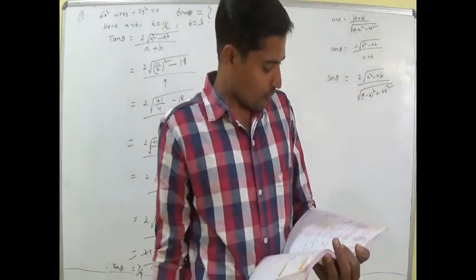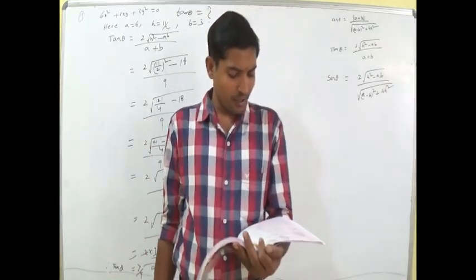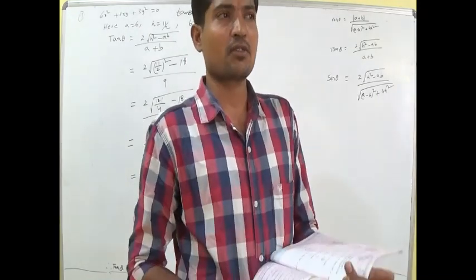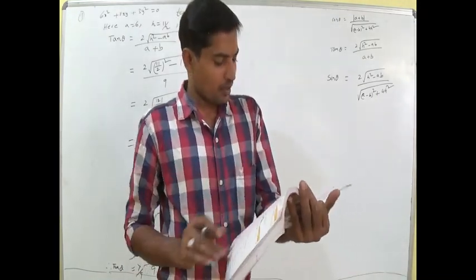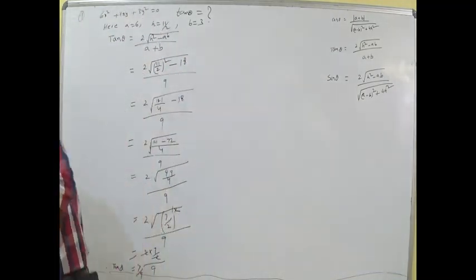Next, matching. y equals m1x and y equals m2x are the lines represented by the equation ax square plus 2hxy plus by square equals 0. Then what about m1 plus m2?